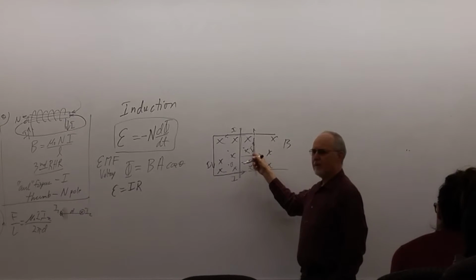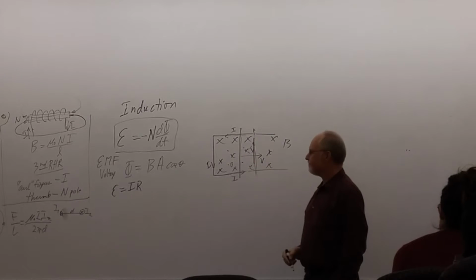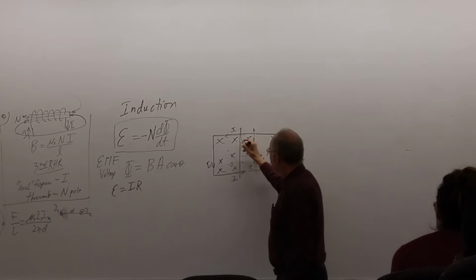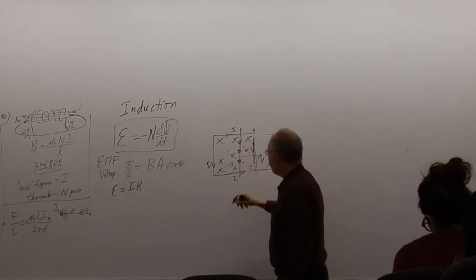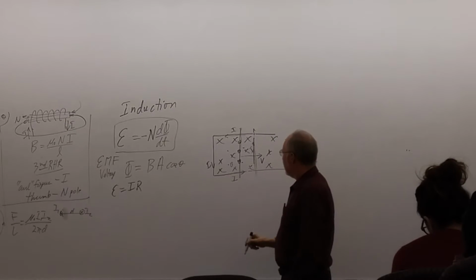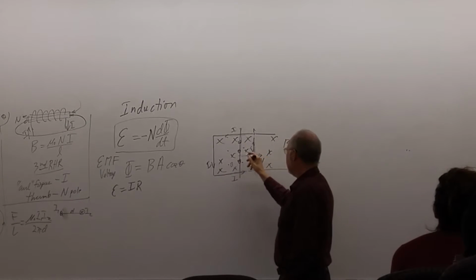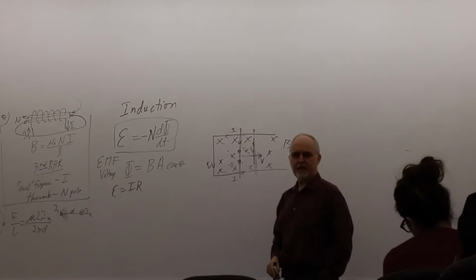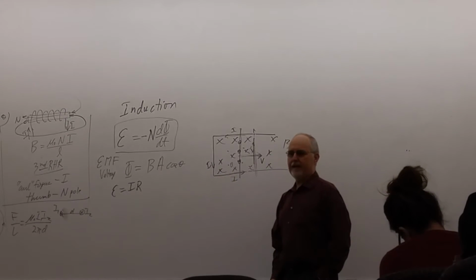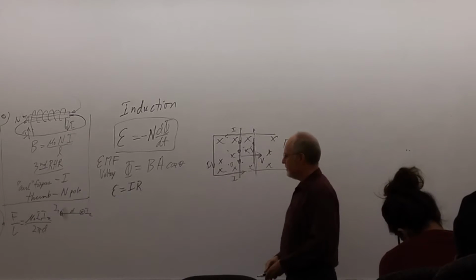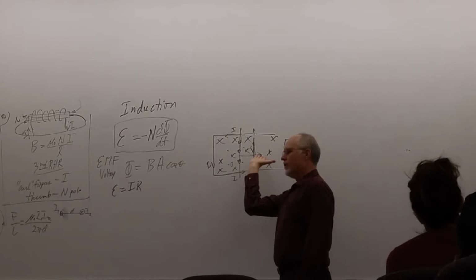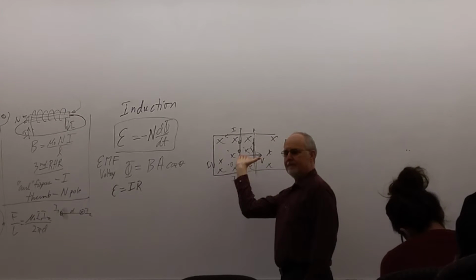By the way, the other way you could get this, if you think of in this wire, you've got electrons that are free to move. So as the electrons have some velocity here to the right, which way is the force on the electrons? Go back to the first right-hand rule. Field's going into the board, electrons are going to the right.